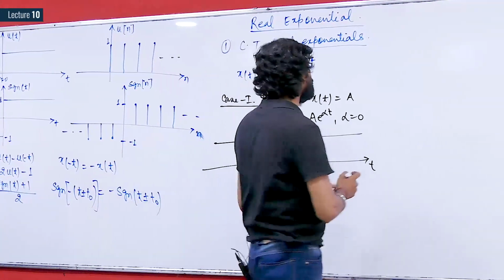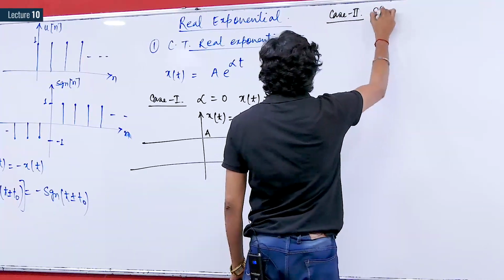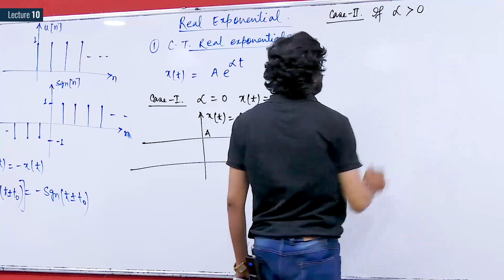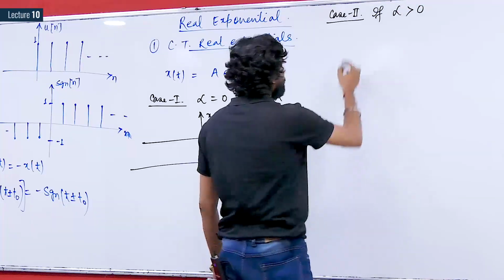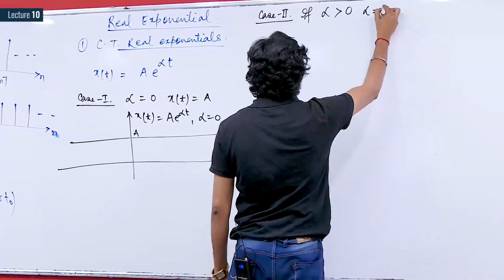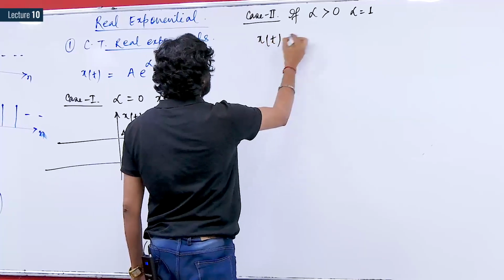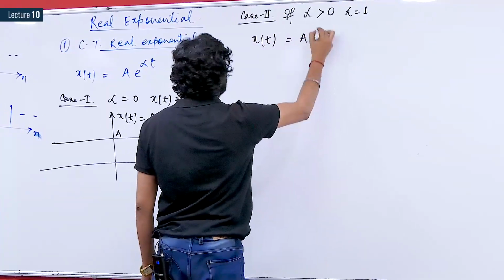So in case 2, if alpha is greater than 0, that is if alpha is positive, say we take alpha equal to 1, then signal x of t will be a times e to the power t.